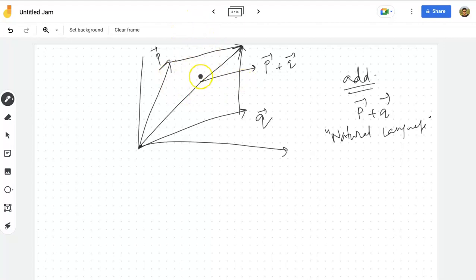So this will be the correct answer. You draw the parallel for the P vector and the parallel for the Q vector, so it forms a parallelogram. Then from the initial point, you take the diagonal as the resultant vector.